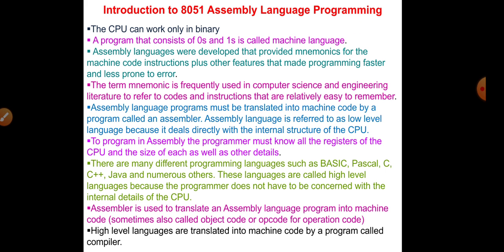We already said that computers work in binary manner. They can understand only programs written in machine level language, that is a combination of ones and zeros. In simple terms, the CPU can work only in binary codes.